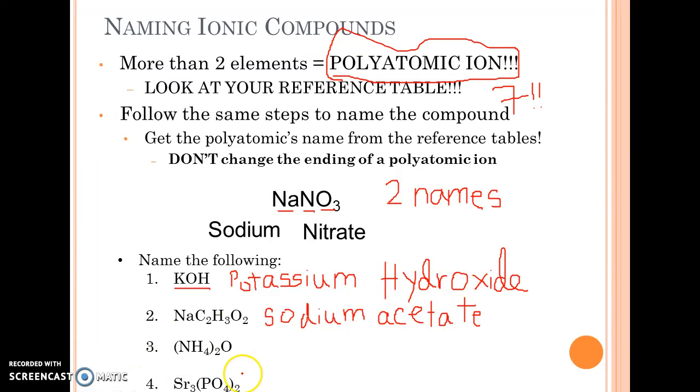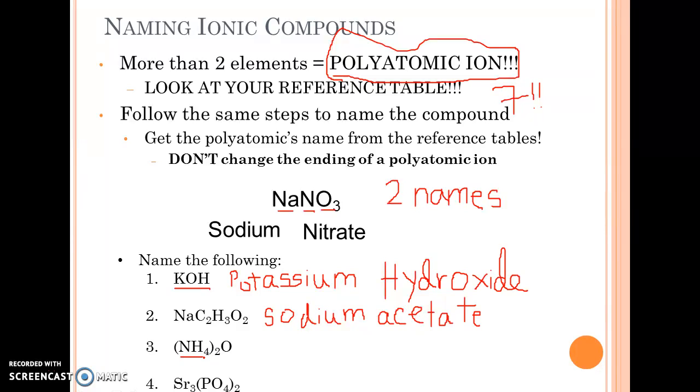This next one's a little bit different, only because I do not see a metal here. But that does not mean that I don't have an ionic compound. One giveaway is the parentheses. These parentheses indicate that we have a polyatomic ion.